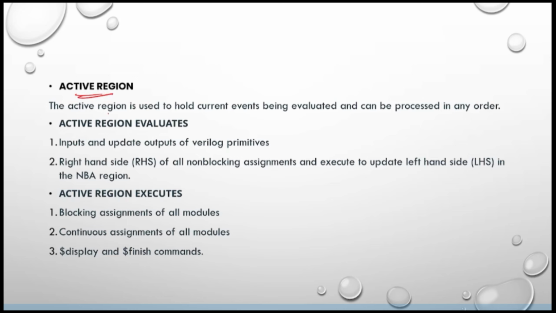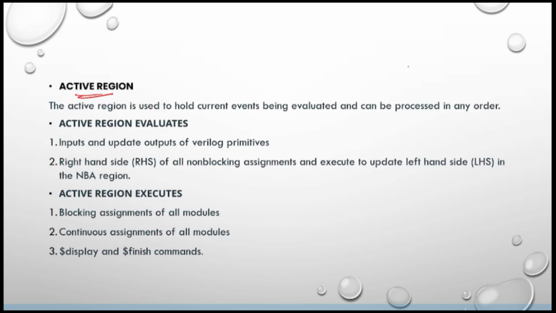The active region is basically used to display the current events. Basically, as I told you, if your code consists of some display statements or some monitor statements or some dataflow modeling logic, some behavioral level modeling. Again, in dataflow you have some assign statements.